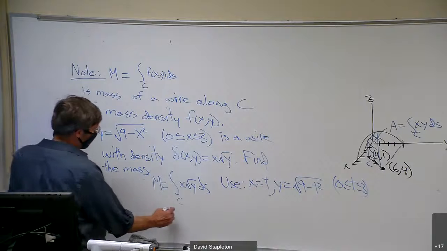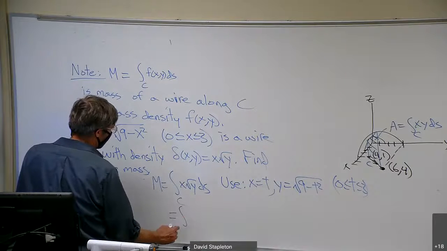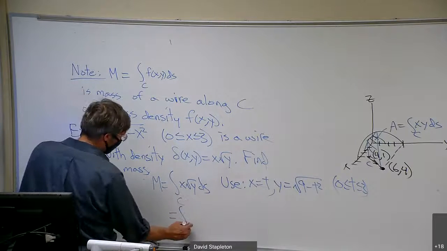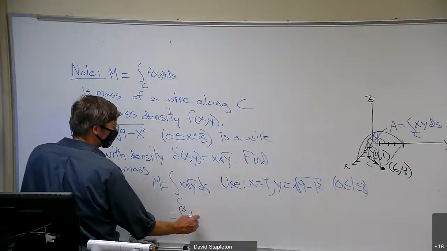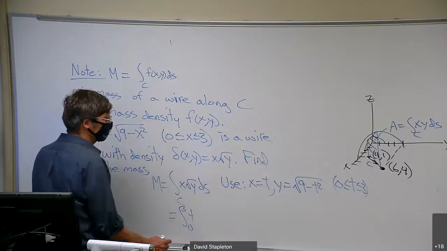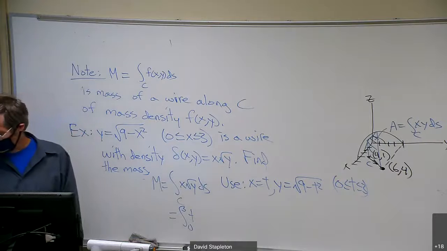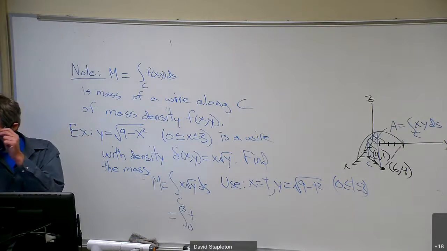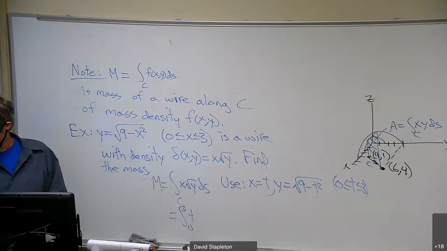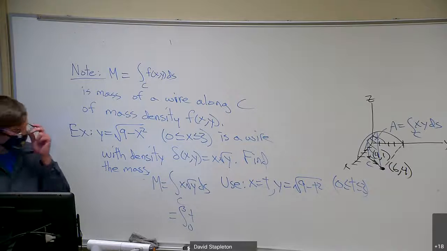So now you just have to replace x and y with the functions of t that they are, and let t go from 0 to 3. And let's see, x is t, and y is... right.